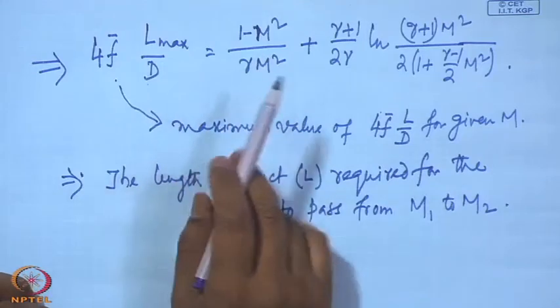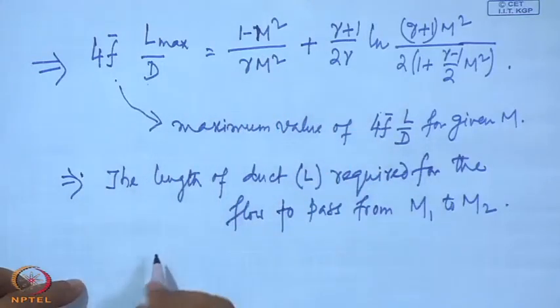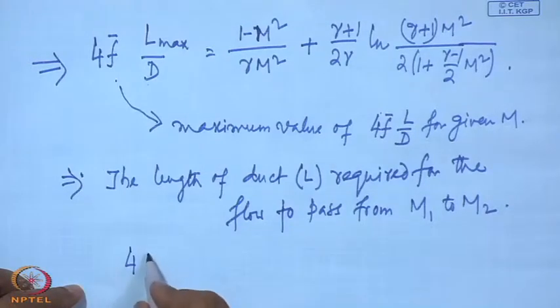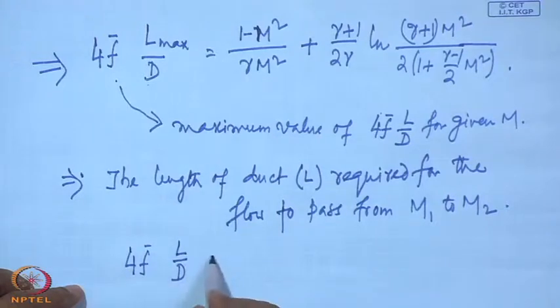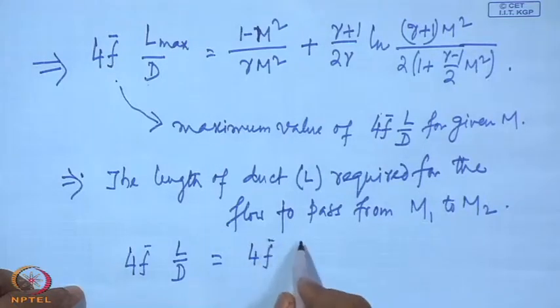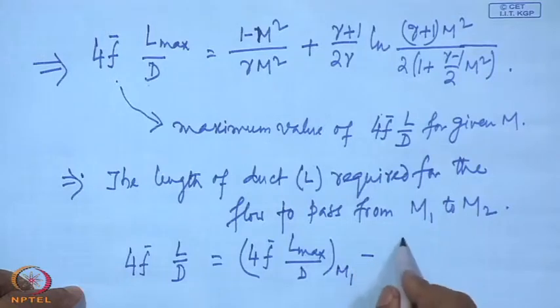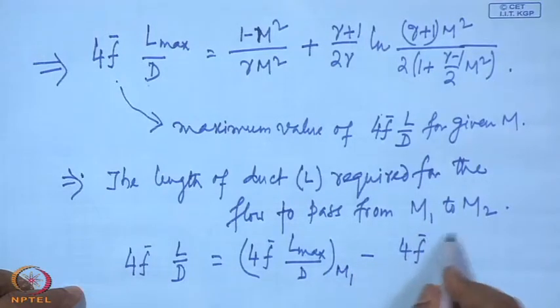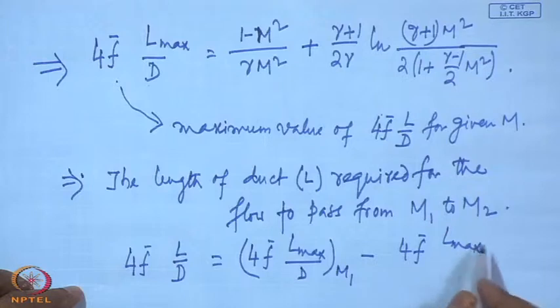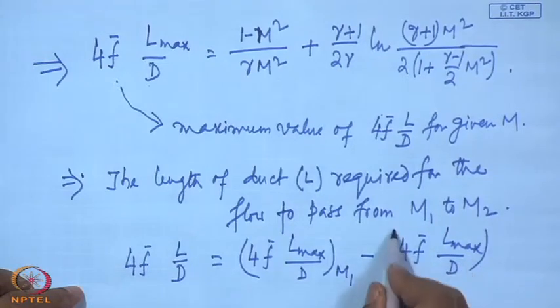Writing this for M1 and M2, you can write that for f bar L by D, L max by 2.